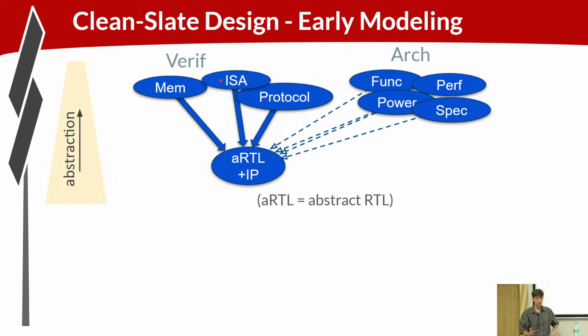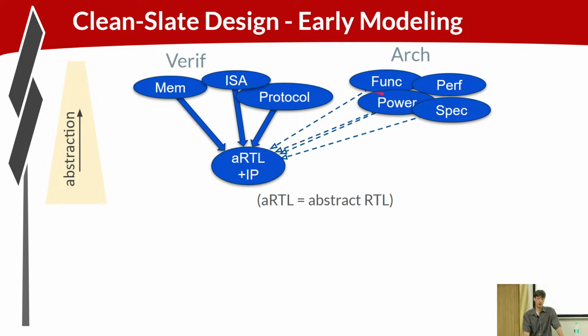So, just a depiction of how the design process evolves. I've said we really don't do clean slate design anymore, but this would be the picture for a clean slate design process. You develop early RTL that is fairly abstract. You start building your verification environment, so you have various models that are connected to that RTL.